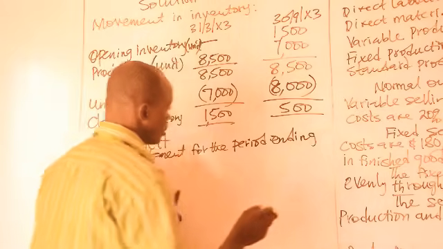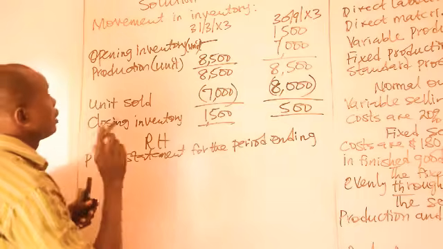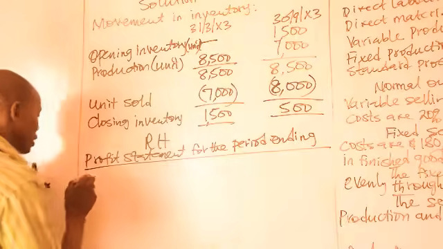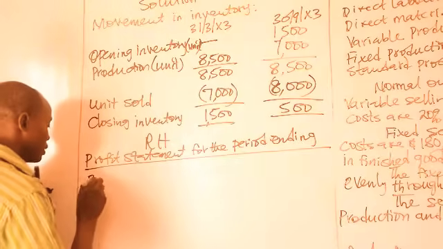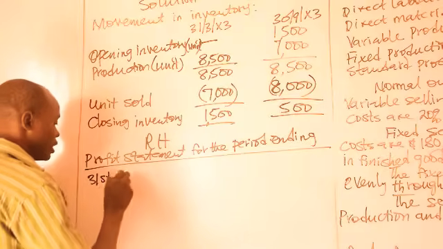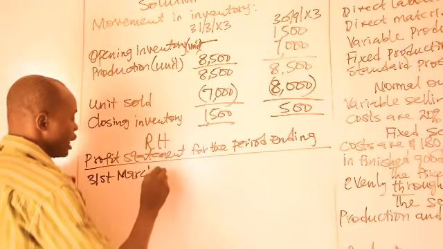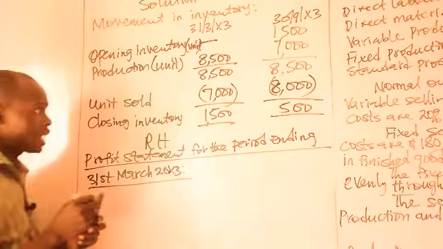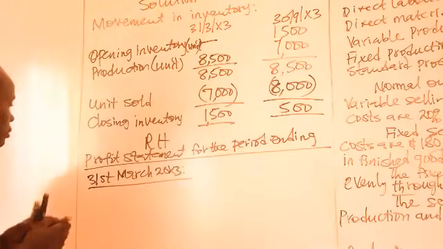There are two periods. The first period is 31st March 20x3, while the latter period is 30th of September 20x3.